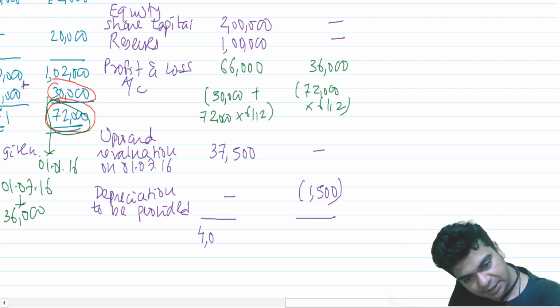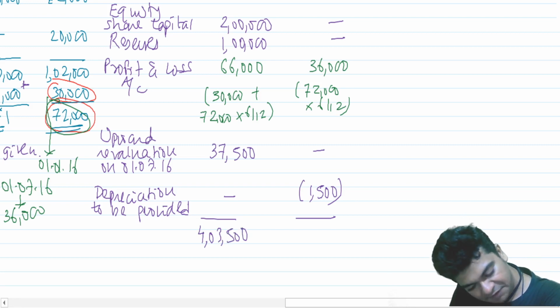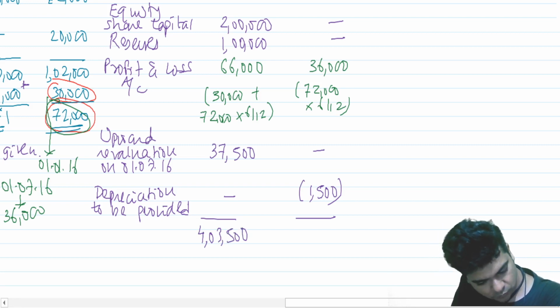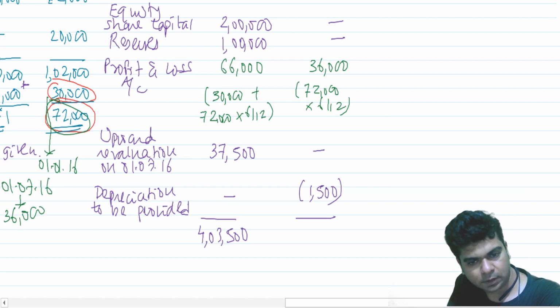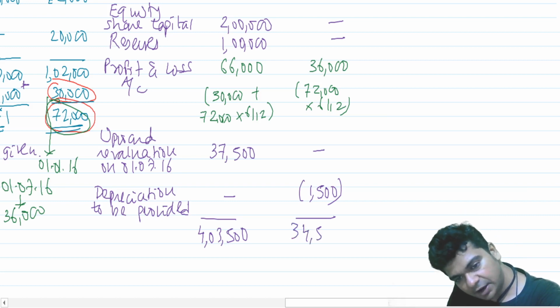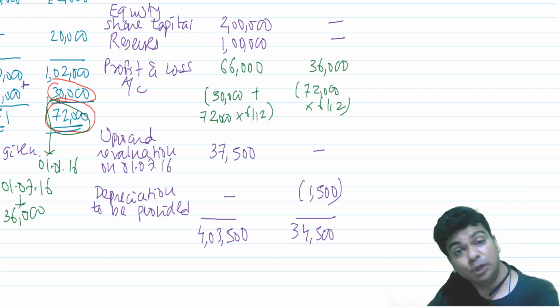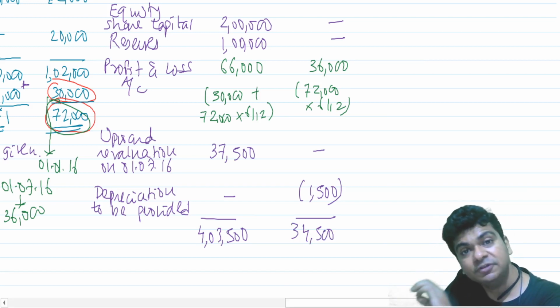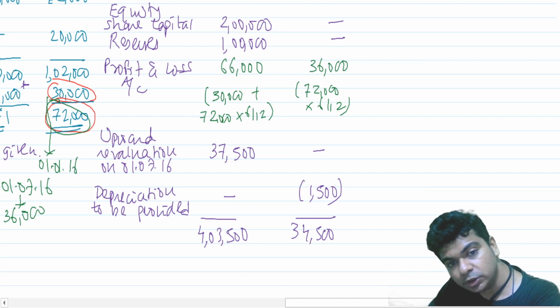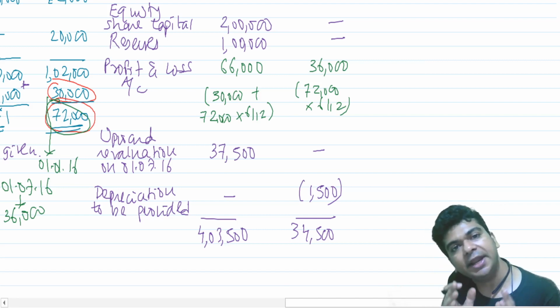It's 4,03,500. This is still not the final total. 34,500. What is left? You have to now give the effect of the dividend that has been distributed. See, we are calculating net assets.